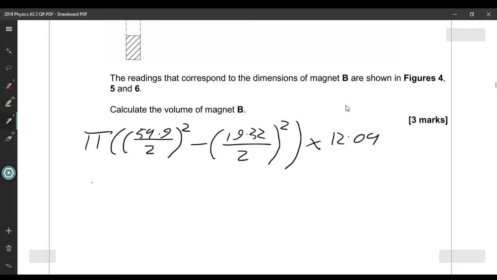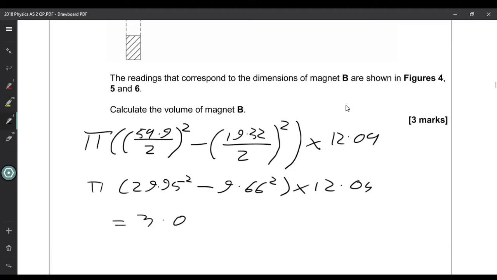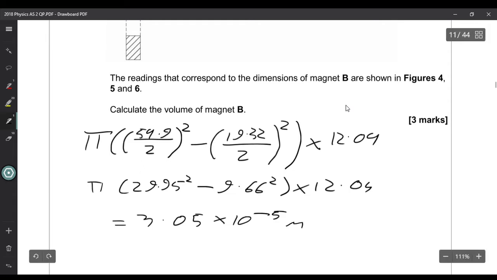That comes out to be pi times 29.5 squared minus 9.66 squared, times 12.09, which comes out to be 3.05 times 10 to the minus 5 meters cubed, because we want the answer in cubic meters as in the question at the bottom.